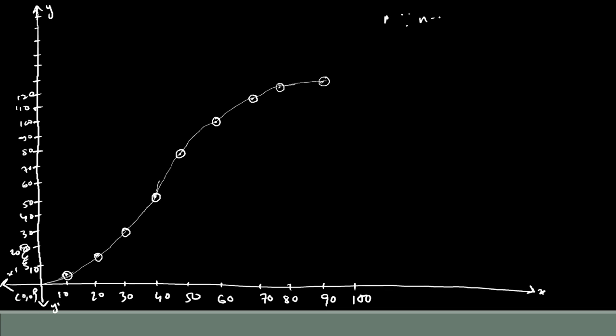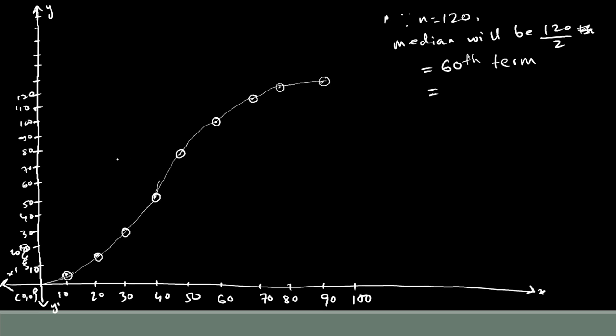Since n equals 120, the median will be 120 divided by 2, which is 60. So this will be the 60th term. So you have to find the 60th term here on the y-axis.